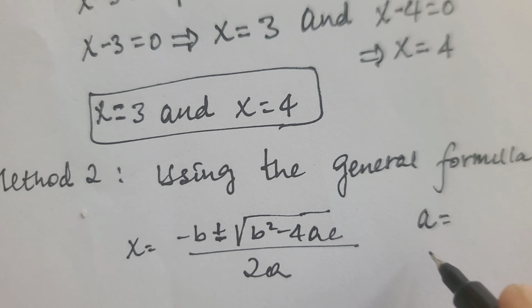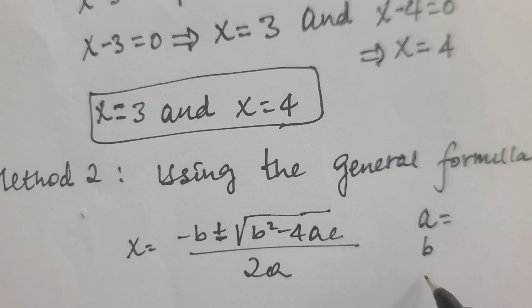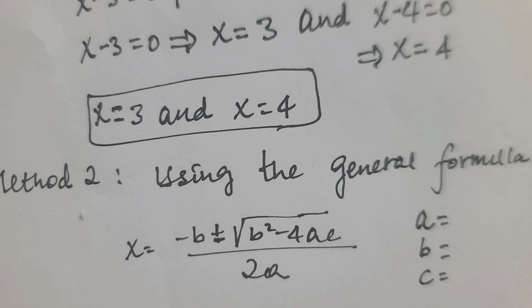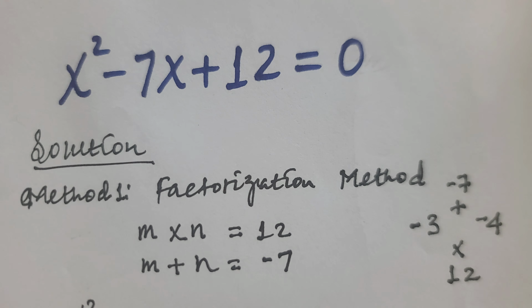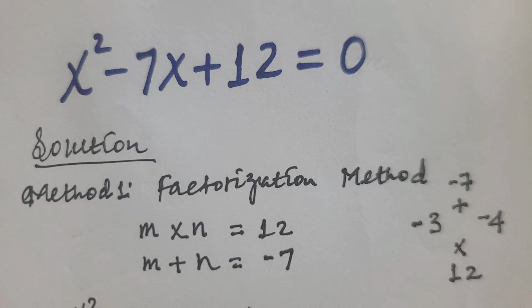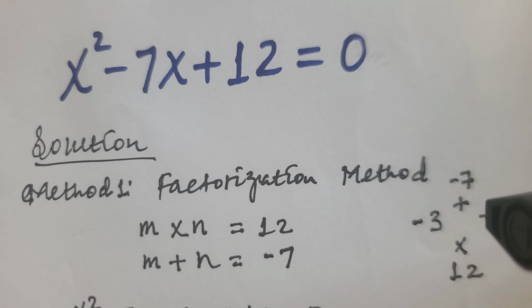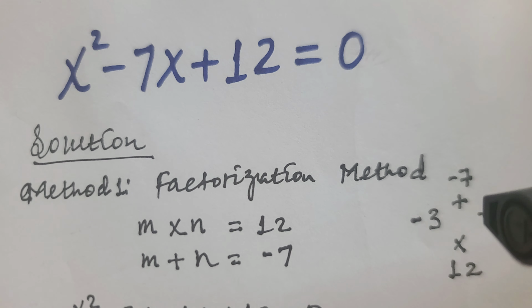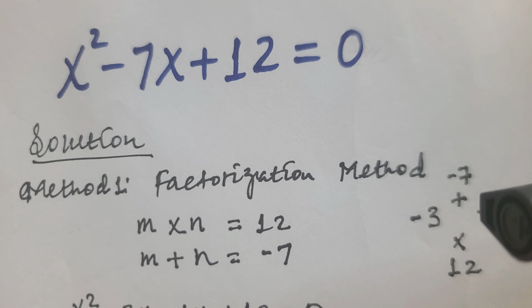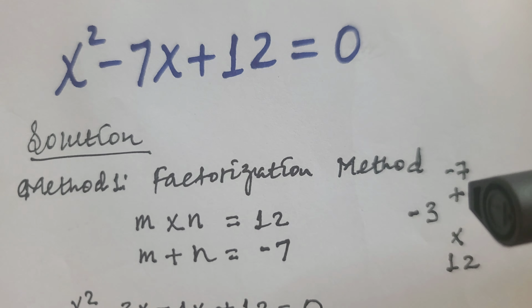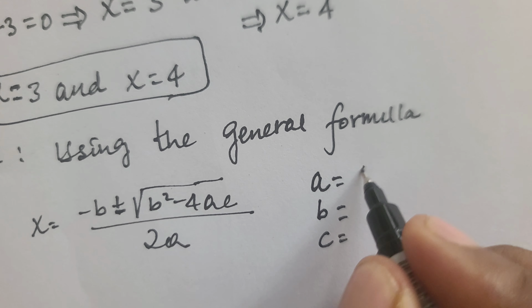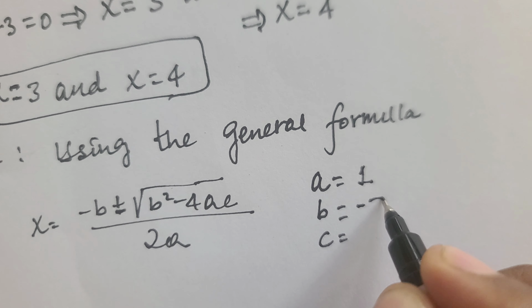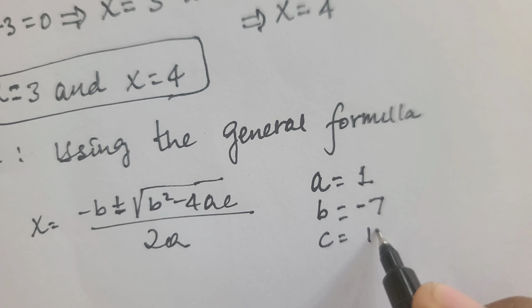Let's extract the values of a, b, and c from the above equation. a is the coefficient of x squared, b is the coefficient of x, and c is the constant term. Therefore, a is 1, b is minus 7, and c is 12.